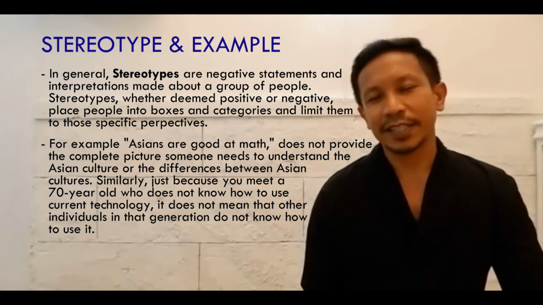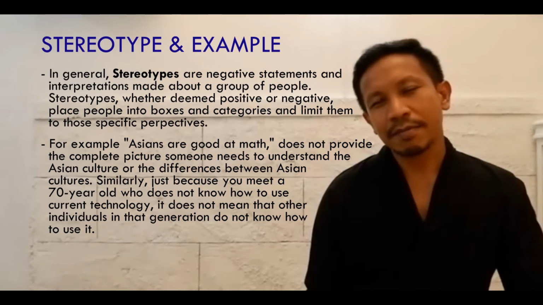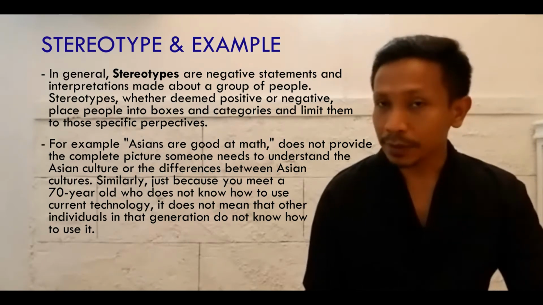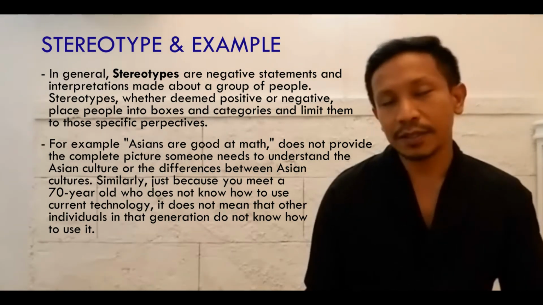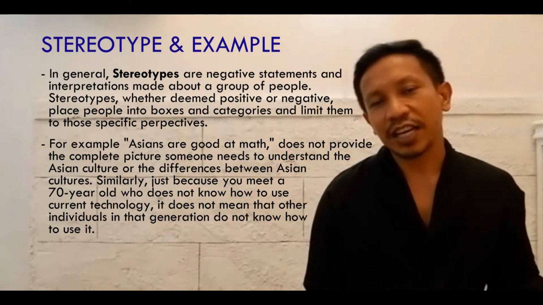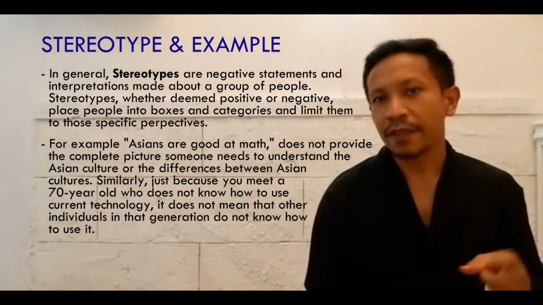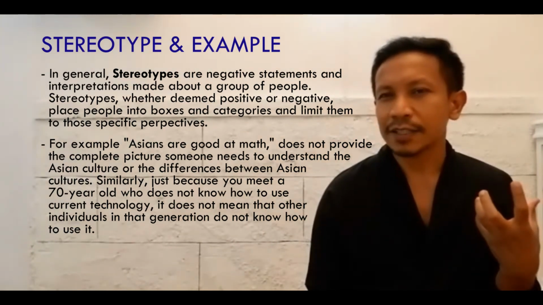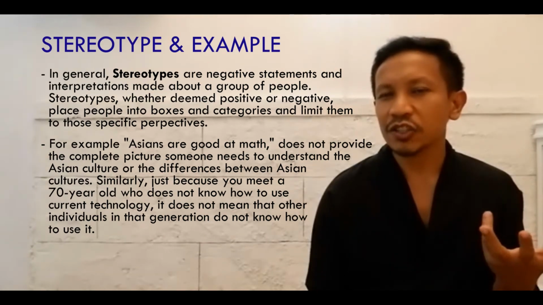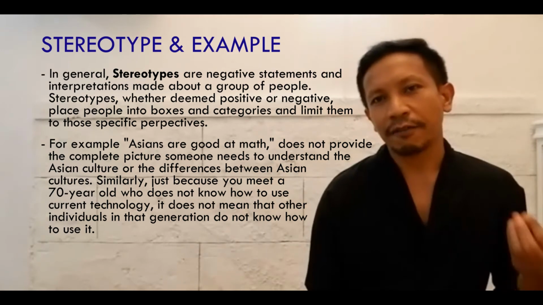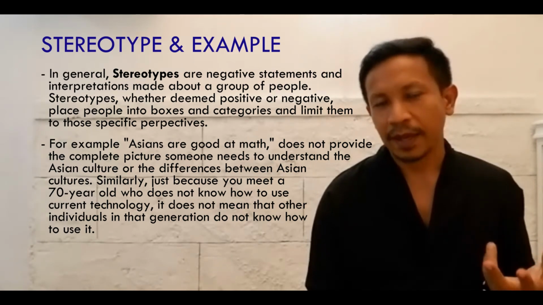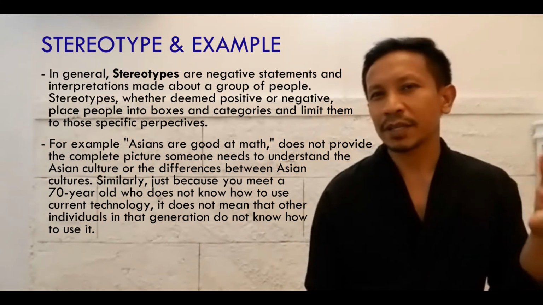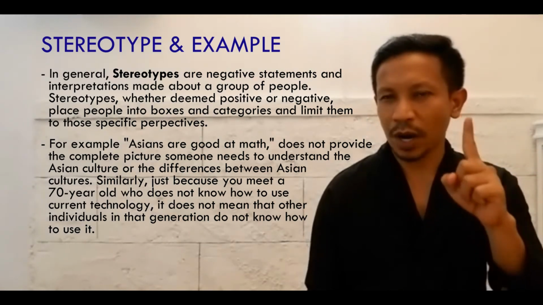Let me tell you another example. If you guys meet, or maybe a community or a people or a person meets an English education student from EIN, and these students speak very fluent, and these people started to say all English education department students are very fluent in English. That would be the stereotype, because the claim is only made by looking at one person.